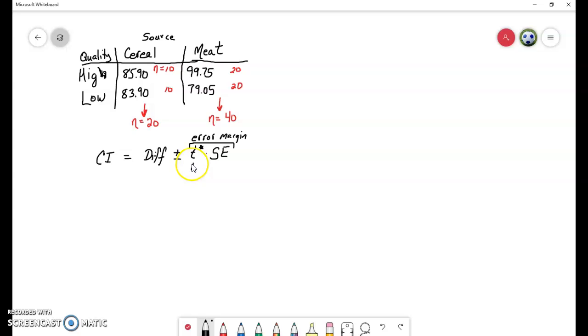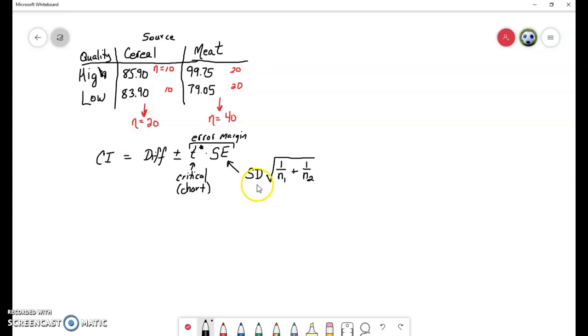This right here is a critical value, and you would usually look this up on a chart or use software. And this portion right here varies depending on what type of confidence interval you're taking. But for us, it's going to be standard deviation like that. Okay.